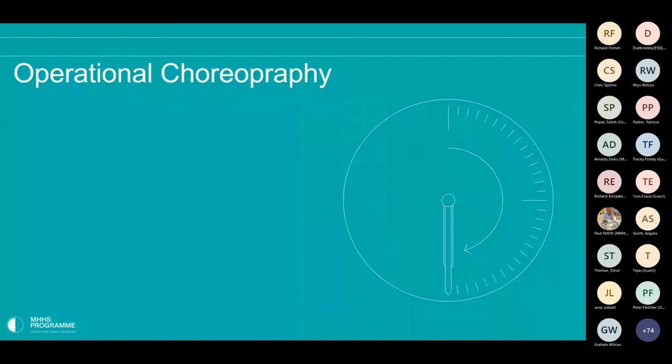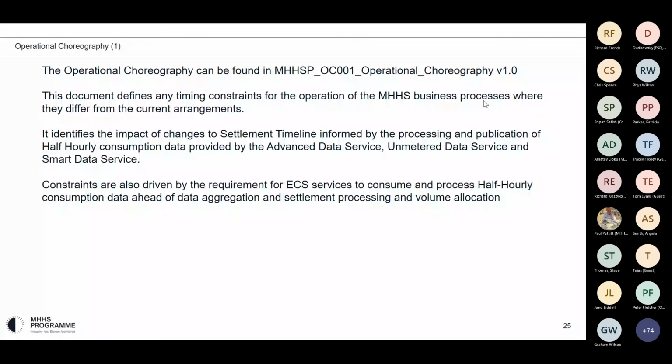Okay, we'll just move on to operational choreography. So the operational choreography can be found in this document here, OC001 operational choreography version 1.0. This is the document that sets out the timing for the various settlement processes.